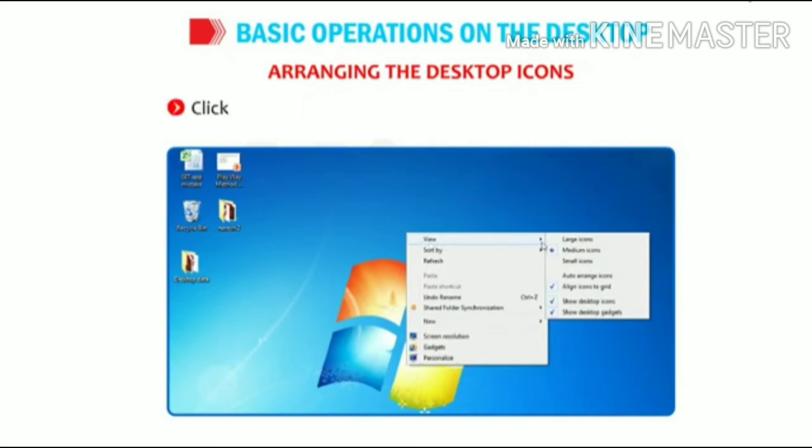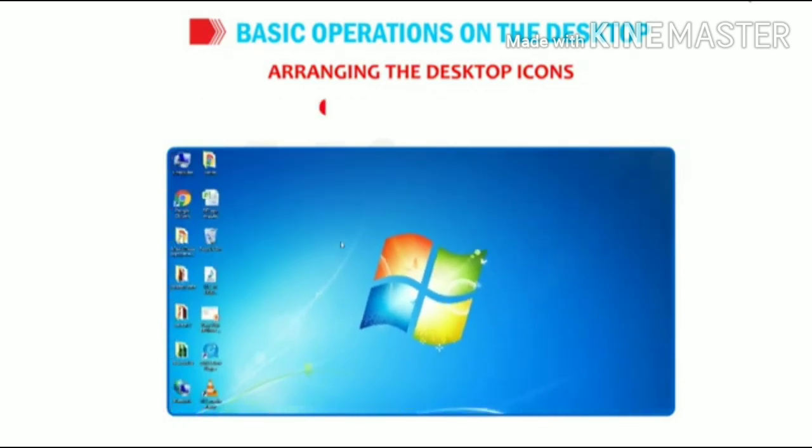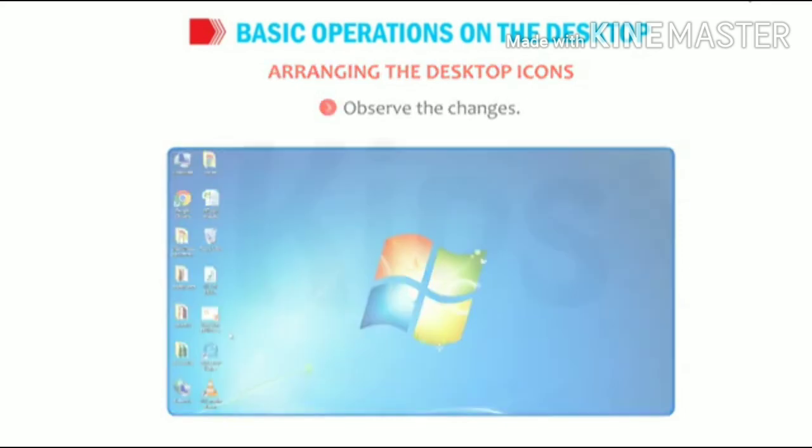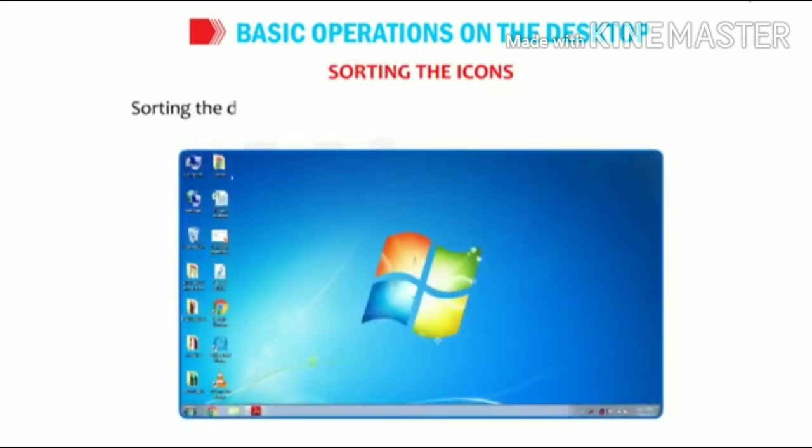Observe the change, and then sorting the icons. Sorting the desktop icons means arranging them in a proper sequence. Right click on the blank area of the desktop, and a shortcut menu appears on your screen.